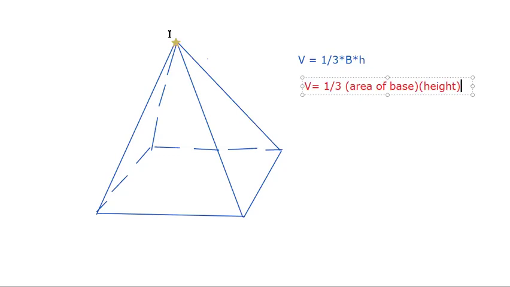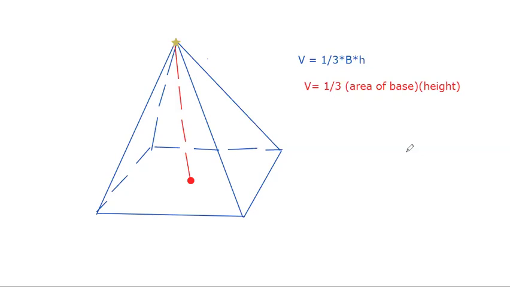If you take a fishing line with a rock tied to the end and you drop that rock straight down to the middle of that pyramid and let it lie right on the center, that is your height. 1/3 the area of the base times the height. Okay? So that's volume. Really all you need are those formulas.